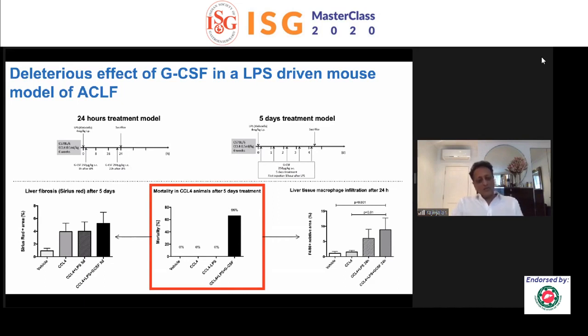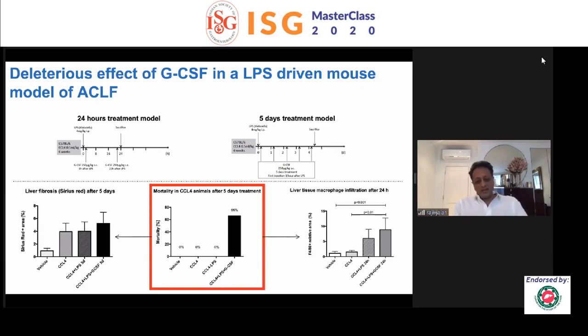But of course, if you play this out, it is not surprising, because what GCSF is doing is that in addition to releasing bone marrow-derived stem cells, it also leads to a release of large amounts of immature neutrophils and inflammatory cells from the bone marrow, where you can get white cell counts up to 20, 30, which are entering into plasma, which is dirty. Because I showed you before that if I take plasma from cirrhotic patients or ACLF patients and incubate them with immune cells, it activates them.